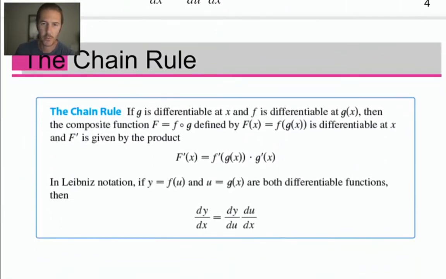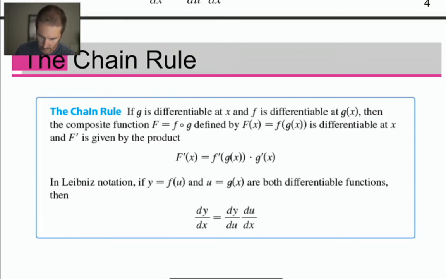The top one is using prime notation to indicate that we've taken the derivative. So capital F being the original function, you can see here capital F is f of g of x. And when we take the derivative of it, we get capital F prime of x.